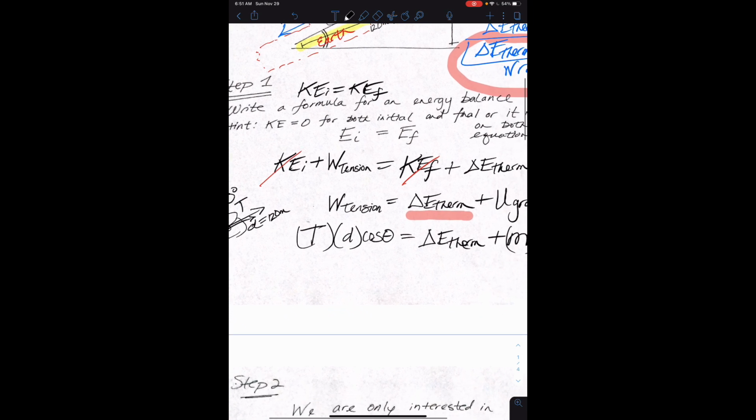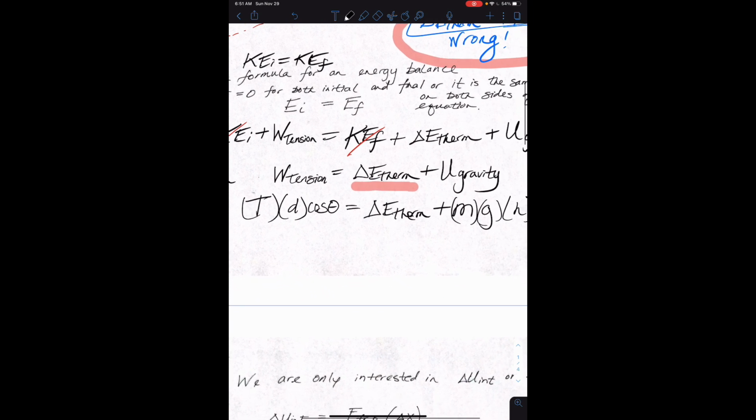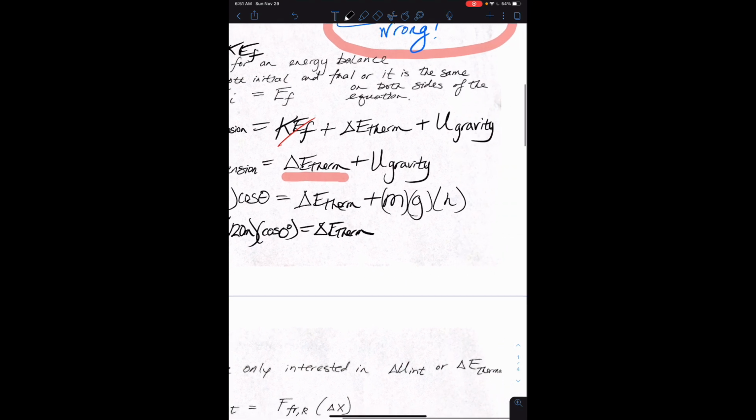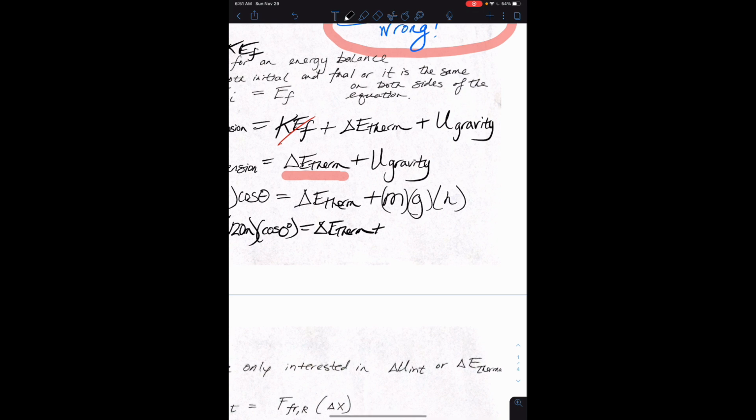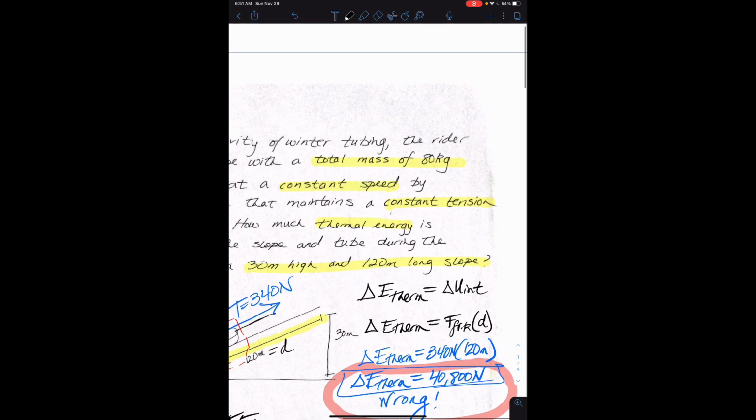All right, so let's go ahead and come back over here and plug those in. So we're saying 340 newtons times 120 meters times the cosine of 0, which is just going to equal 1, equals delta E thermal plus the mass. What about our mass? I think they told us that the tube plus the person is 80.